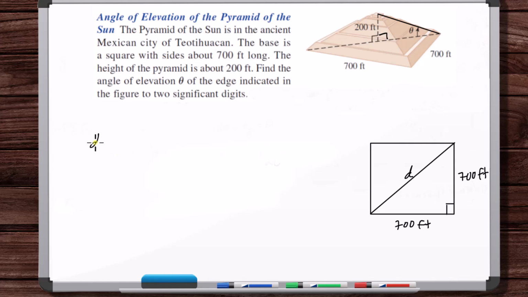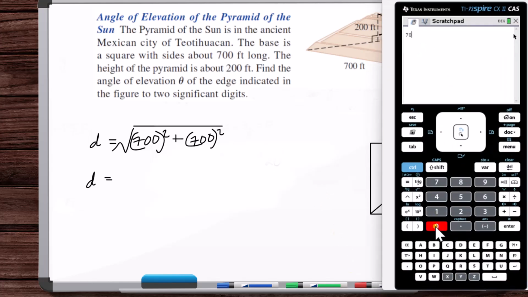So d is the square root of 700 squared plus 700 squared. 700 squared, multiply that times 2, and then take the square root of that: 700 root 2.